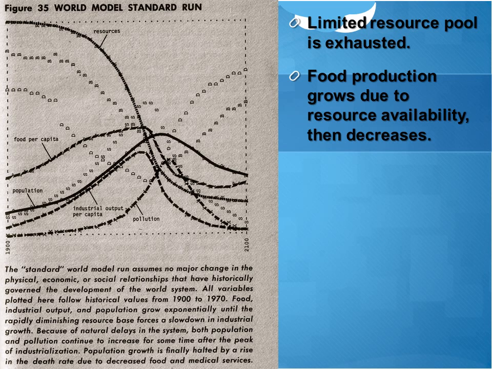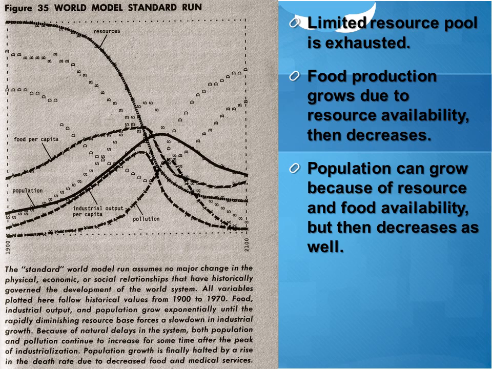You can see that food production grows essentially at the beginning due to resource availability. So there are resources available, there's technology, so you can use water and you can use energy to produce food. But after these resources start being depleted, the ability to produce food decreases, and that's the collapsing part of the system that this study shares with the work of Malthus.